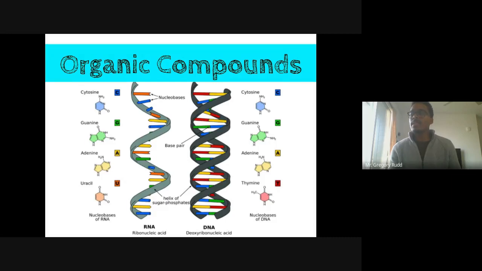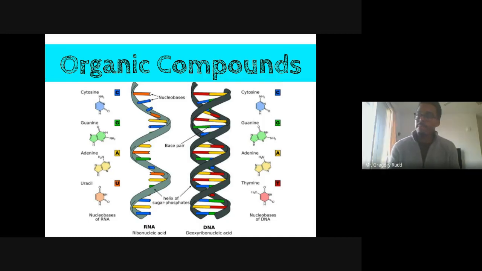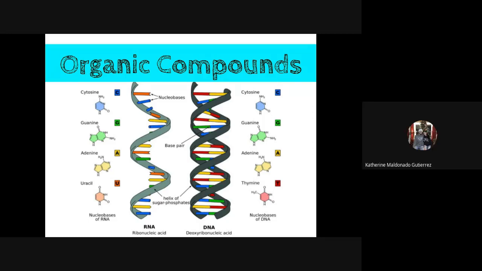Can you guys tell me what differences you notice between RNA on the left and DNA on the right? DNA has two strands and RNA only has one strand. Excellent.